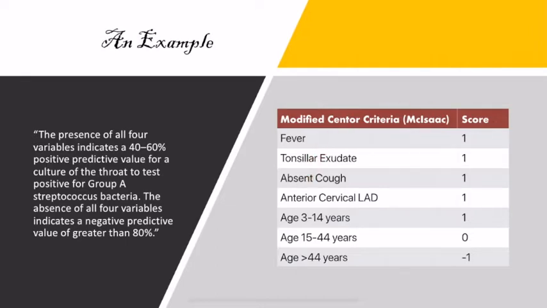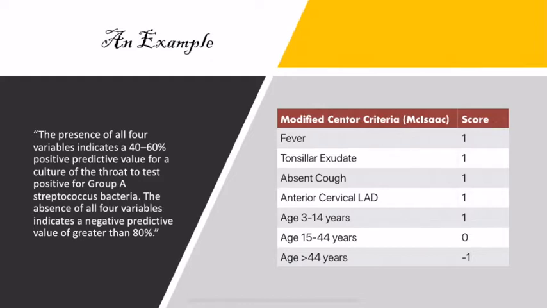Okay? One thing to notice, so what does this mean? This has been studied extensively, and we'll tie it to Bayes' theorem in a bit. But when you have all 4 variables positive, you only have about a 40 to 60% positive predictive value for a throat culture.